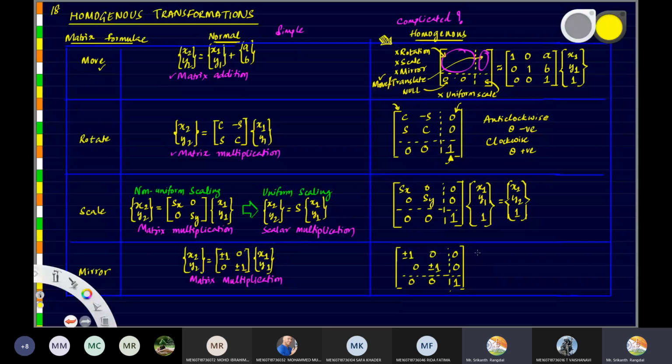Okay, so that is how we have to do. Once again we have to just multiply this with x1, y1, and 1. This is the input matrix, the initial point. And when you multiply this, you will get the final point x2, y2, 1. Okay, so let me write it here as well. This is x1, y1, 1.